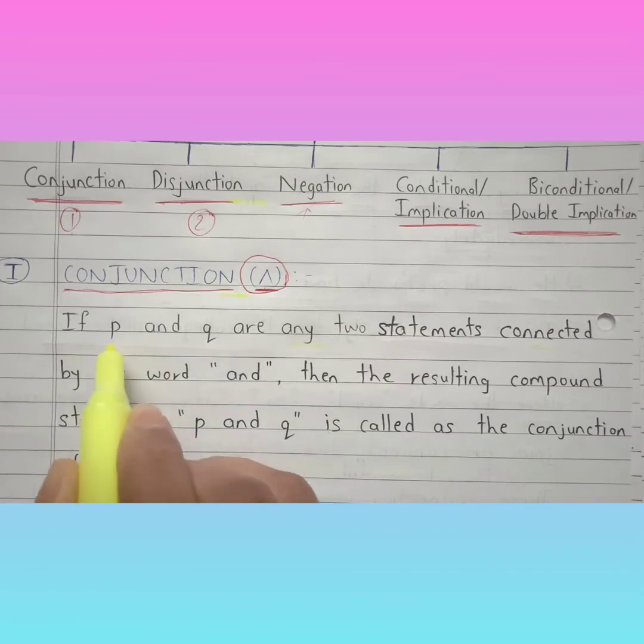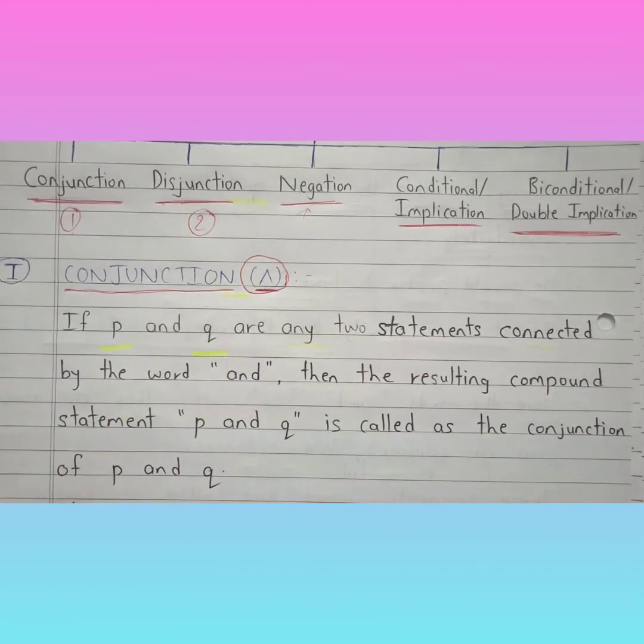If you remember, we said in the earlier video that we will denote statements by small p, small q, small r.